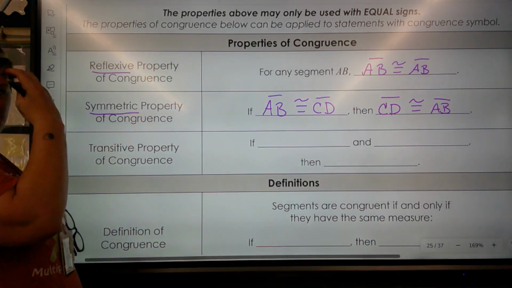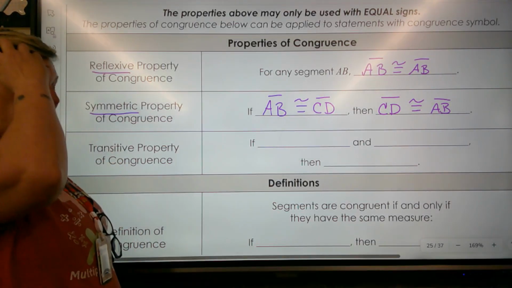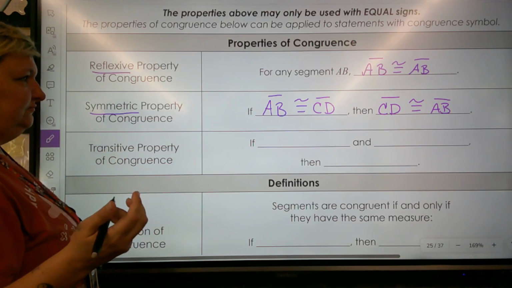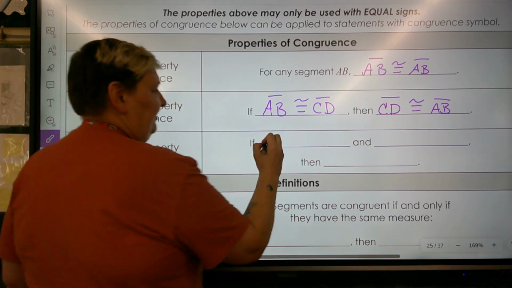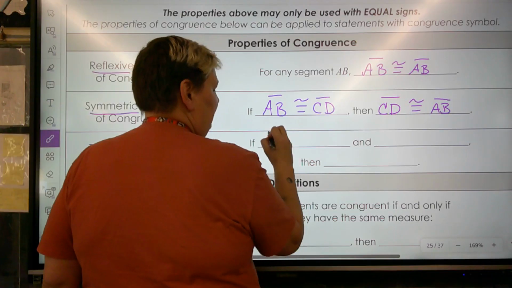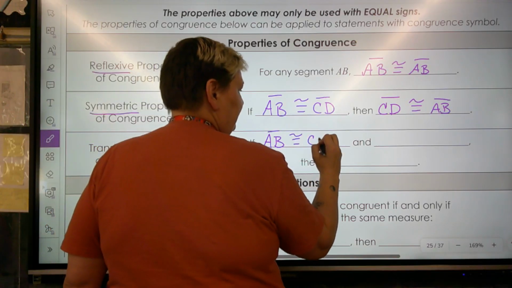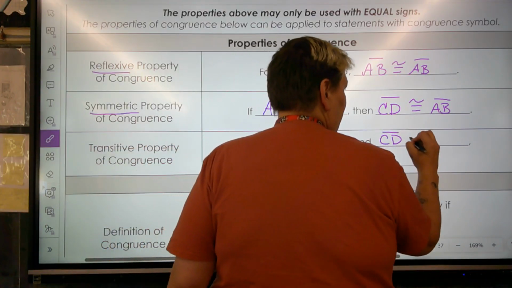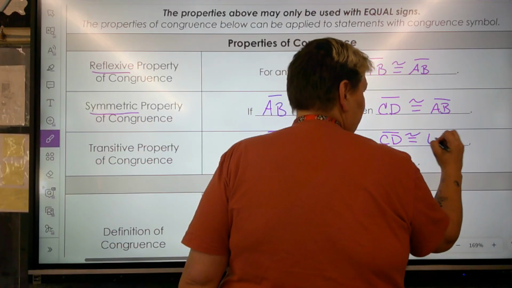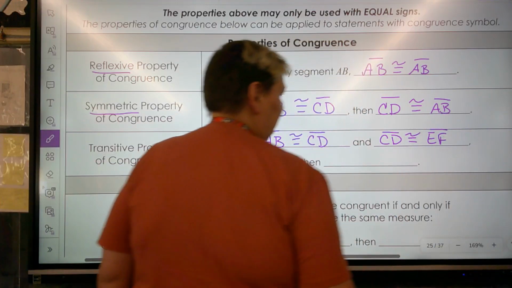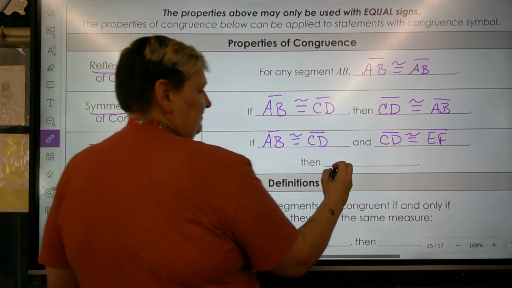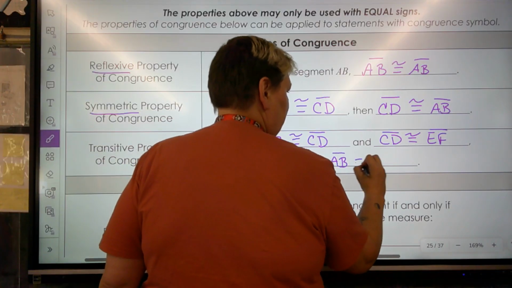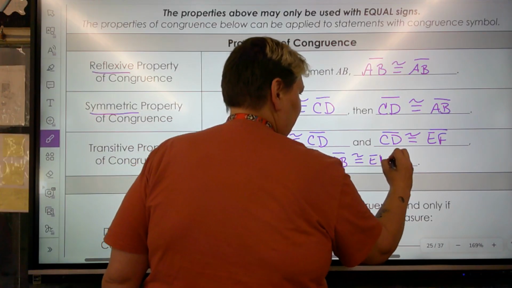And then we have transitive property, our law of syllogism again, or PQQR. So if segment AB is congruent to segment CD, and segment CD is congruent to segment EF, then segment AB is also congruent to segment EF.